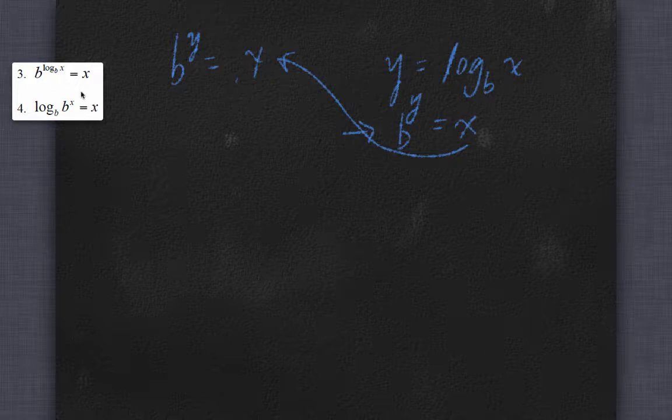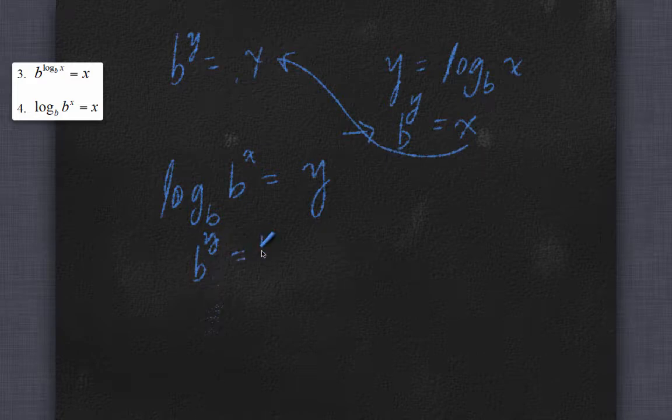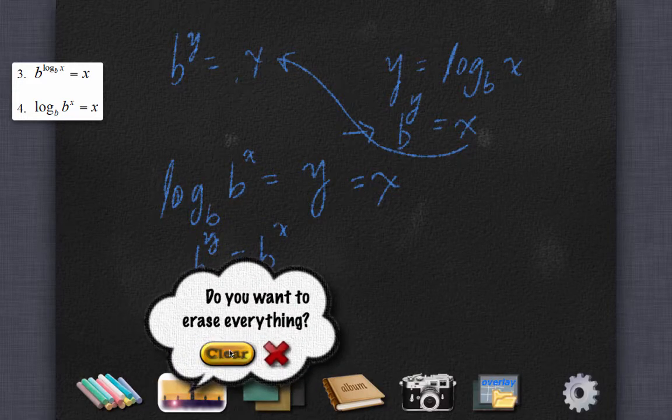So that's this one. Log sub b of b to the x, we'll call that y now. Then that means the base is the base, the log is the exponent. So y equals x, so this equals x. Those are quick proofs, but if you play it over and think about it, it'll be hopefully clear.